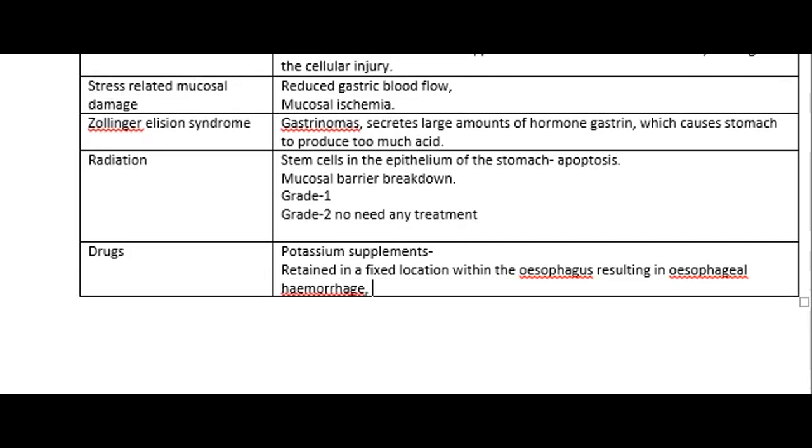And it is thought that the esophageal hemorrhage is mainly because of the wax matrix of slow release tablets.